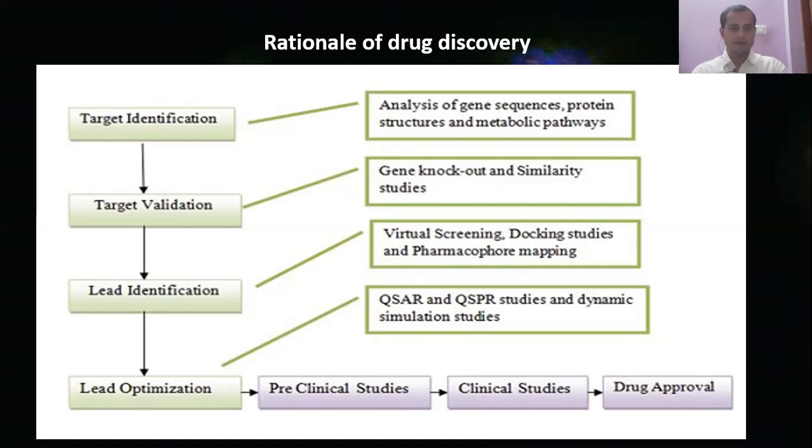We identify the lead by virtual screening, docking studies, or pharmacophore mapping. Then we optimize the lead by QSAR and QSPR studies or dynamic simulation studies by means of a bioinformatics approach. Then we do preclinical followed by clinical studies.